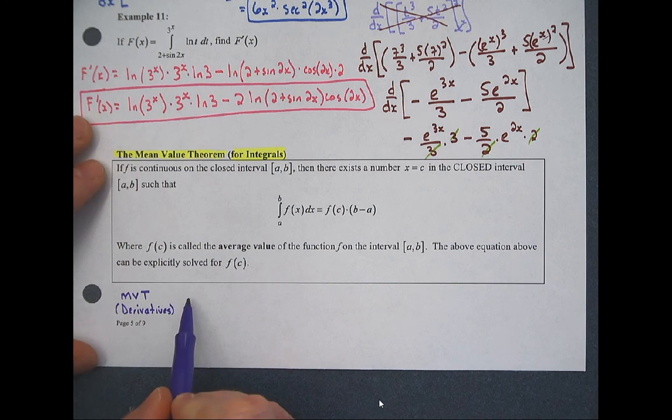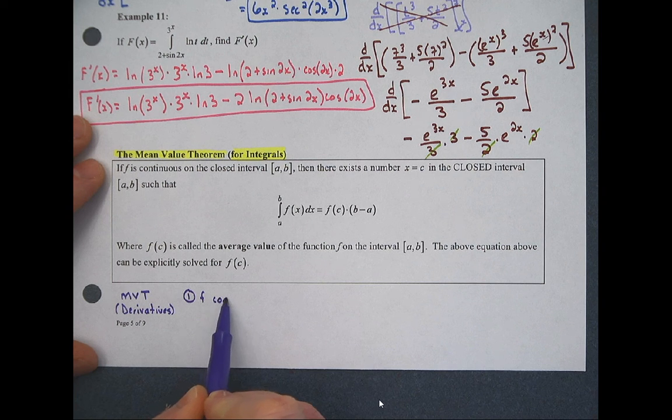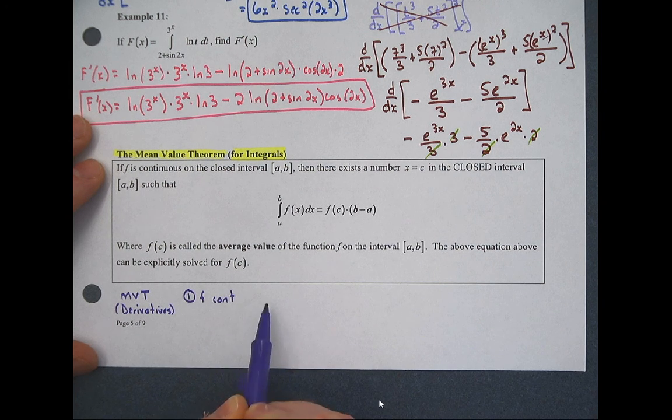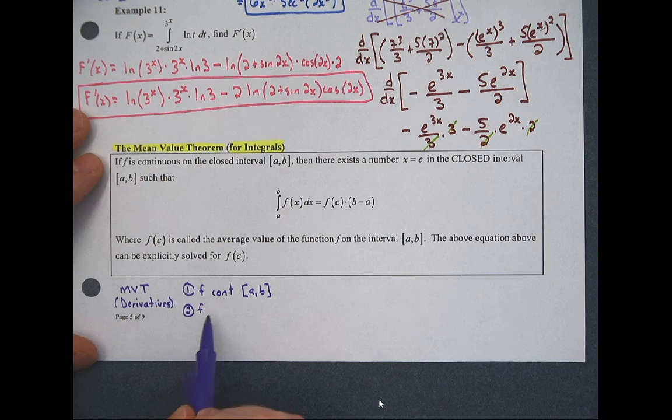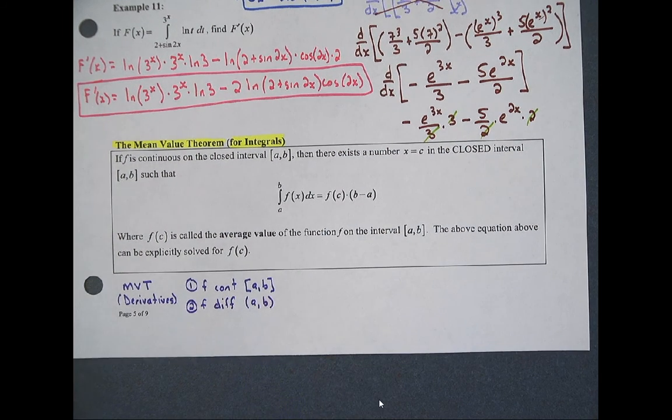For us to prove that, number one, our function needs to be continuous on the closed interval a to b. Since we're talking about rates of change, you're also going to need to be differentiable, but on the open interval, because you can't be differentiable at an endpoint since you don't know what the other one-sided limit is.